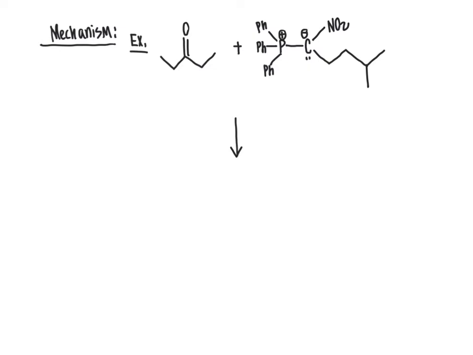So in the Wittig reaction, if we are working from this resonance structure here, we notice that the carbon is a nucleophile. It has that lone pair of electrons on it, and that's going to make that carbon suitable for attack on the positively polarized carbonyl carbon, like so.